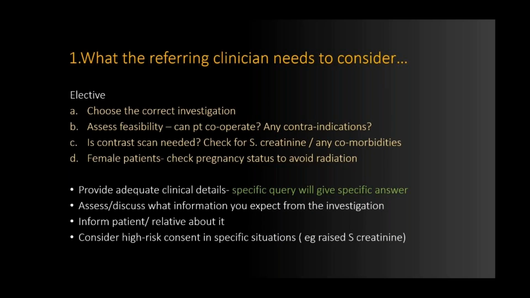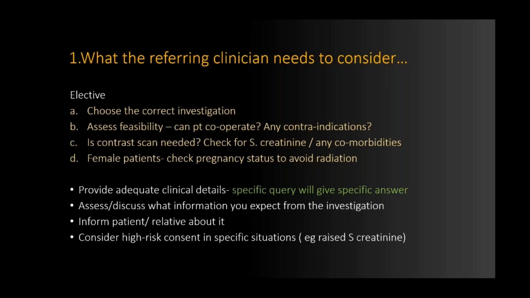Whereas if the patient has DVT and you want to rule out pulmonary thromboembolism in the pulmonary artery, the phase of the scan, that is the CT protocol, the delay of the contrast administration and the volume of contrast will also change. So all of these things have to be taken into account while raising the investigation.